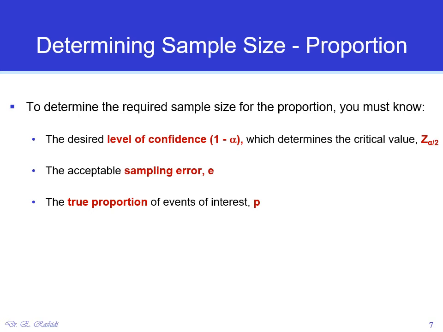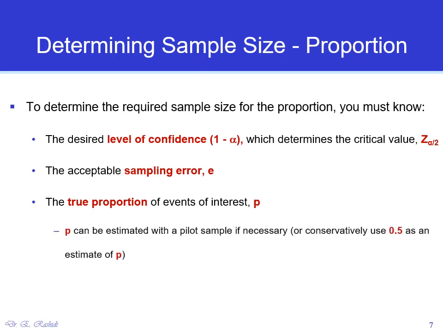When you don't know P, you can estimate it by trial and error. P can be estimated with a pilot sample if necessary, or conservatively, you can use P equal to 50%, 0.5, as an estimation of P. Why would this work?